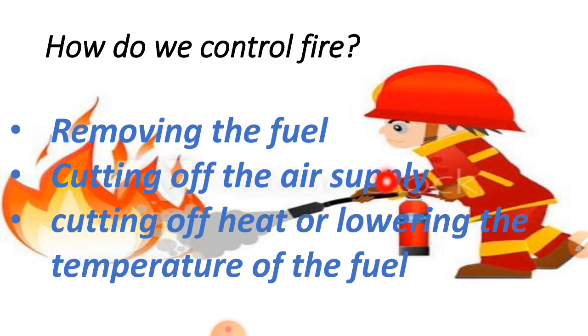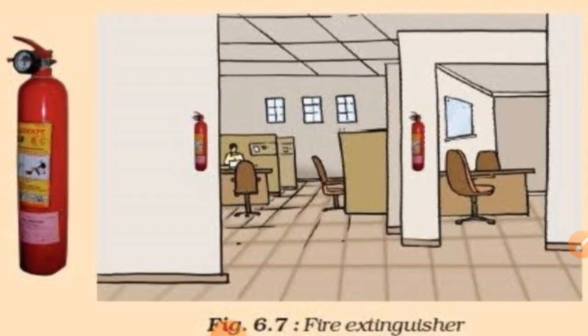So we can cut the supply of air. Now third one, by lowering the temperature of the burning object below its ignition temperature. So these are the ways to control the fire.